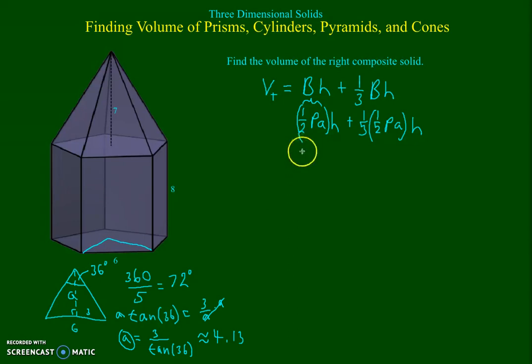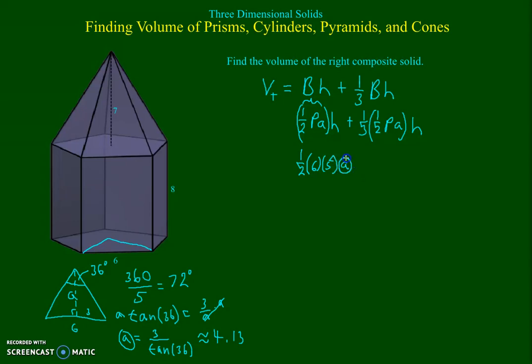Let's go up here and start solving for this. So big B is going to be 1/2. Now the perimeter. Perimeter is 6, the side length, times the number of sides, so 6 times 5, times the apothem that I stored.